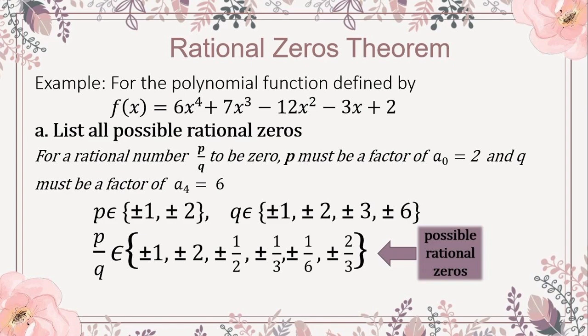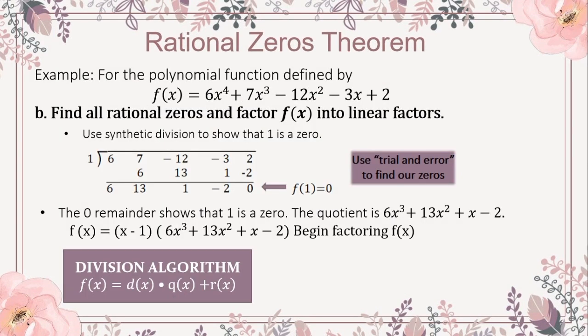P divided by Q is an element of the set containing positive or negative 1, positive or negative 2, positive or negative 1/2, positive or negative 1/3, positive or negative 1/6, and positive or negative 2/3. So that is our set of possible rational zeros from that polynomial function.